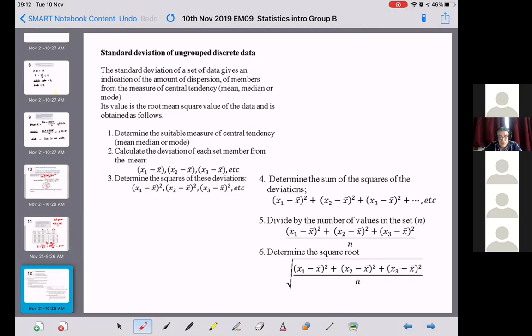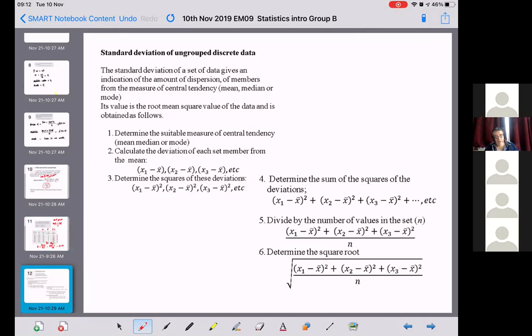So we determine a suitable measure of central tendency. We're just going to be using the mean, but you could choose the median or the mode. We calculate the deviation of each set member from the mean, by taking that set member, for example x1, and subtracting the mean away from it. We do that for all the values in the set, and then we determine the squares of these deviations.